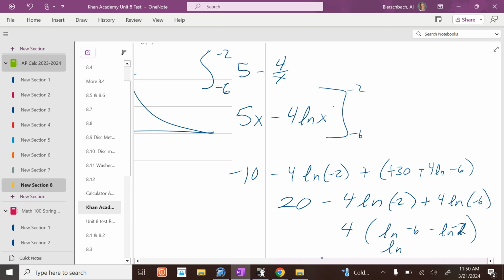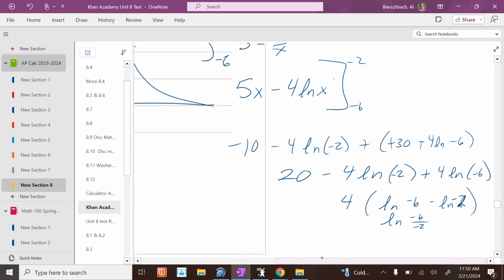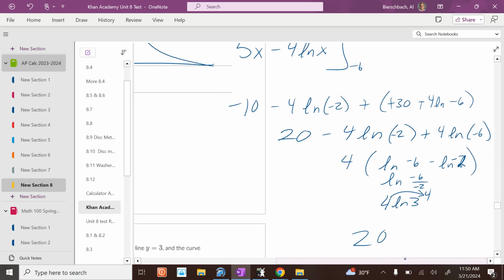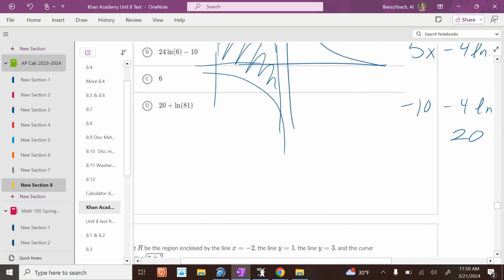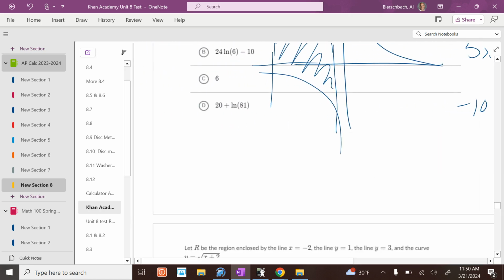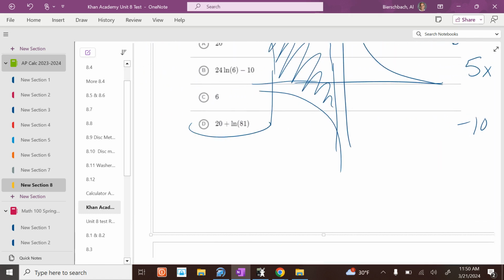So ln of -6 over -2, which is ln of 3, 4 ln of 3, which then you put the 4 as a power. So it'd be 20 minus the ln of 81.